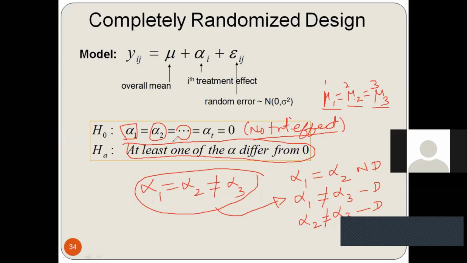These treatment effects equal to 0 is our null hypothesis. The alternative hypothesis: at least one of the alpha is not equal to 0, or differs from 0. Right? Clear?